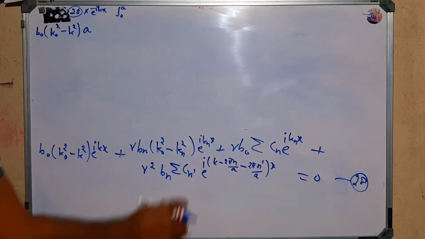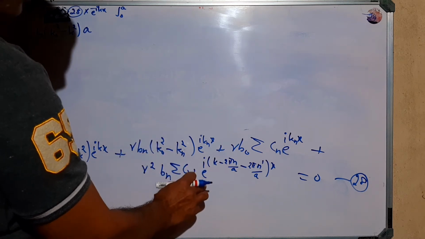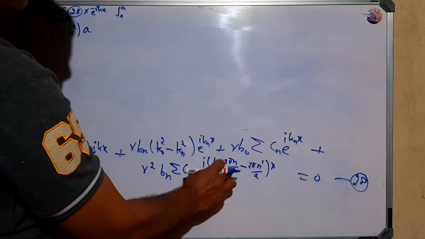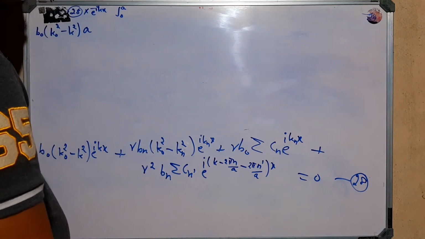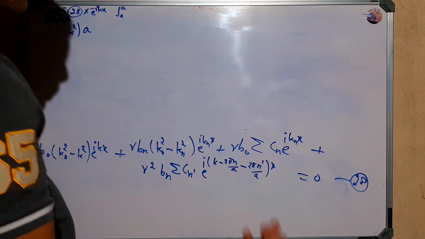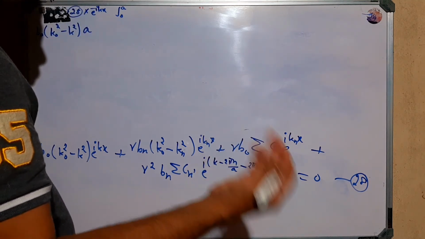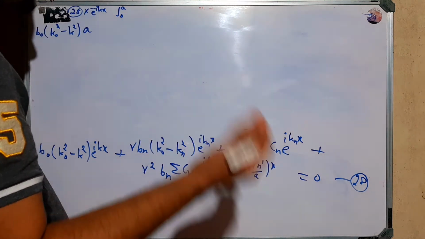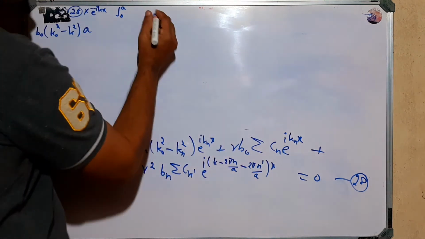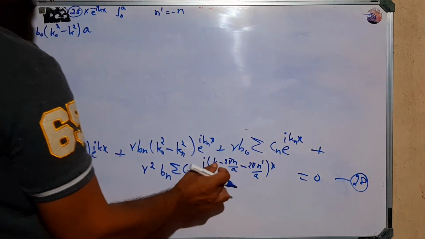But when you consider the fourth term, it is also 0 except for n is equal to minus n dash, or you can say n dash is equal to minus n. That is, when n dash is equal to minus n, what happens?